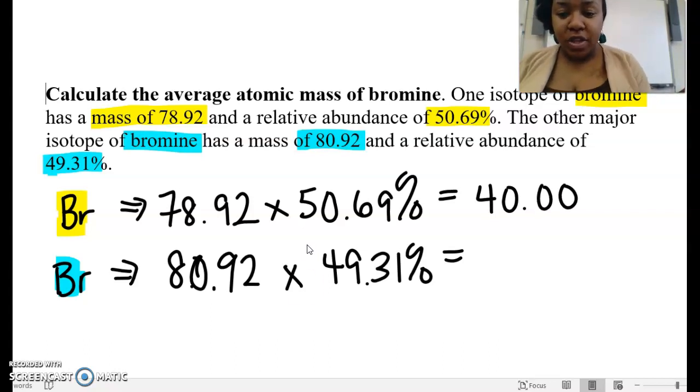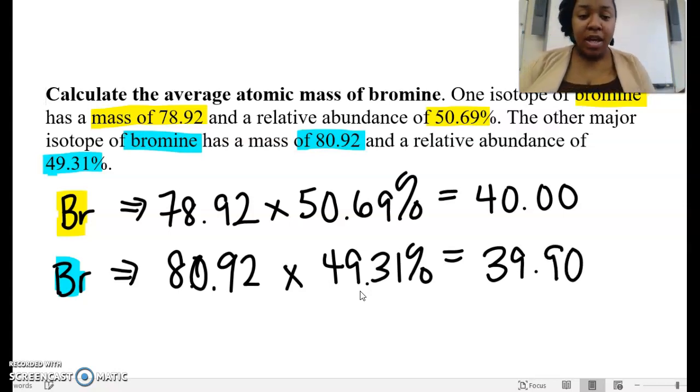And then let's do the second one, which is 80.92 times 49.31, remember percent. And that's going to give us 39.90. So now that we have what each isotope contributes to our average, we're going to add those components.